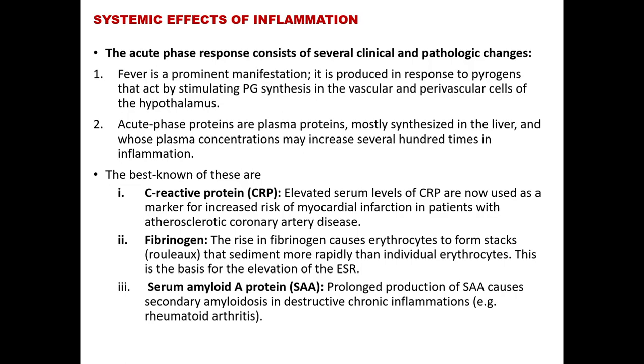Fibrinogen: the rise in fibrinogen causes erythrocytes to form stacks or rouleaux, like a roll, that sediment more rapidly than individual erythrocytes. This is the basis for the elevation of erythrocyte sedimentation rate. Also important is serum amyloid A protein; prolonged production of this protein causes secondary amyloidosis in destructive chronic inflammation such as rheumatoid arthritis. So it is very important.